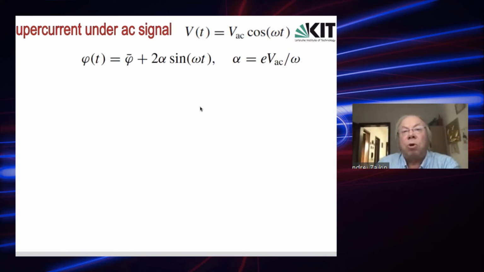So first of all, let us recall this result for the supercurrent, the n equal to 0 Shapiro step, so to speak. We consider the situation when the applied voltage has this harmonic form, with no constant contribution. Then the phase across your junction has this form, and this is an important parameter which controls the strength of this applied AC field.